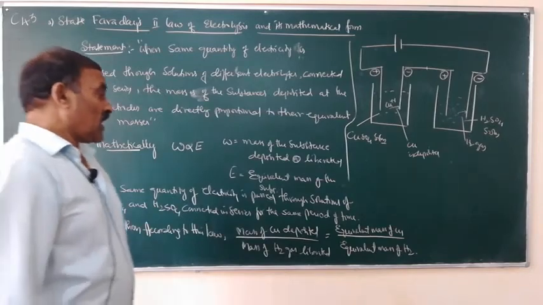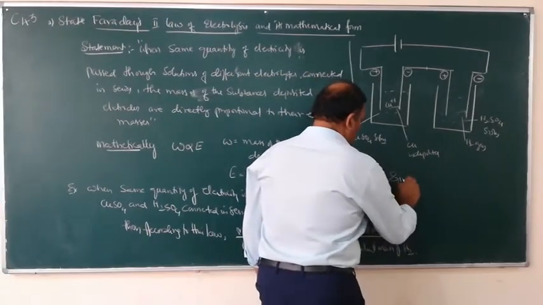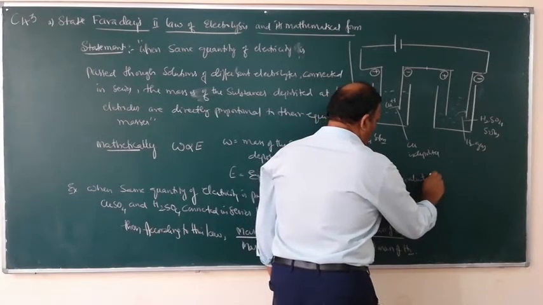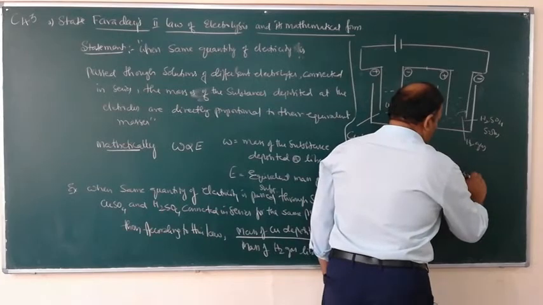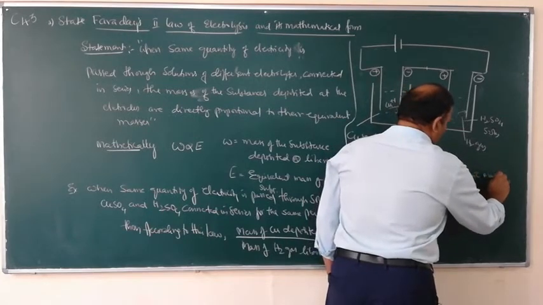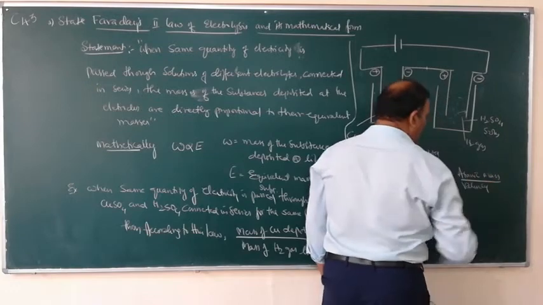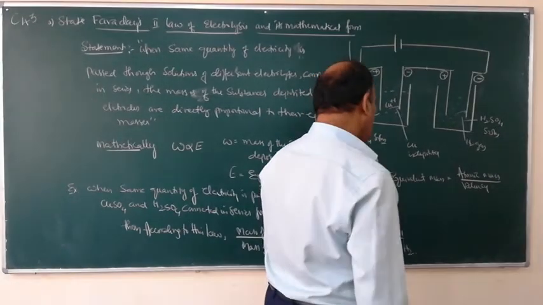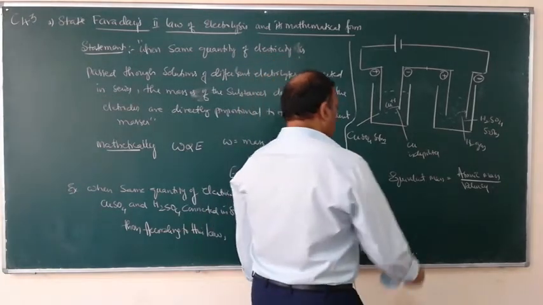So to calculate equivalent mass, what is equivalent mass? Equivalent mass equals atomic mass divided by valency. So what is the example?